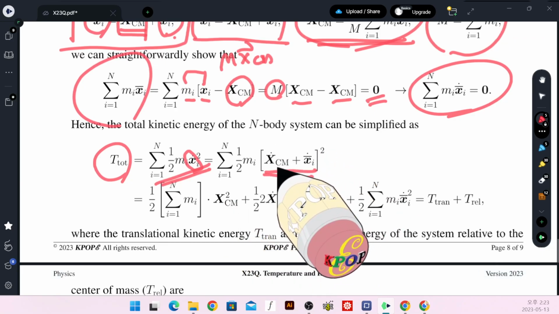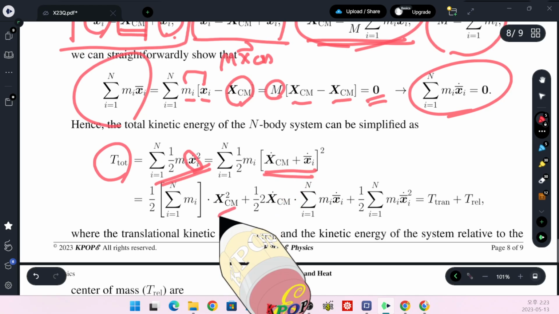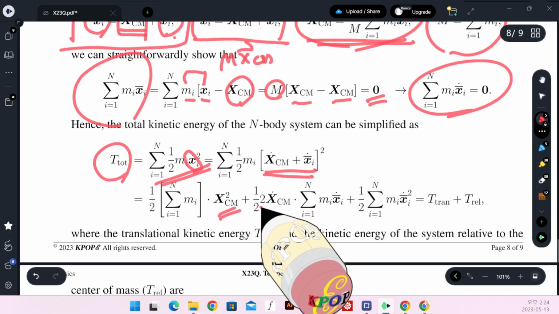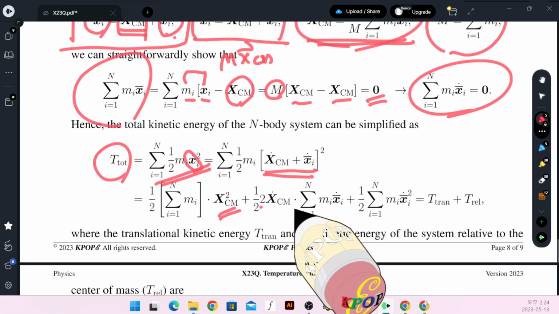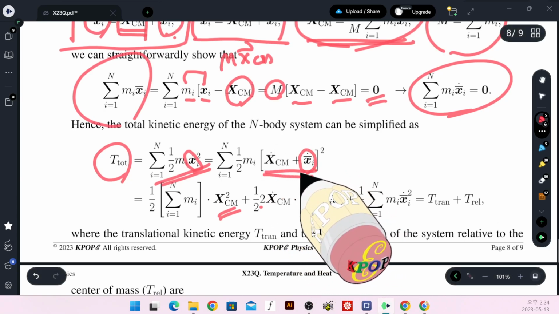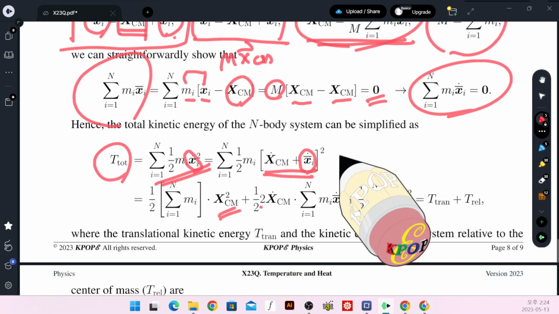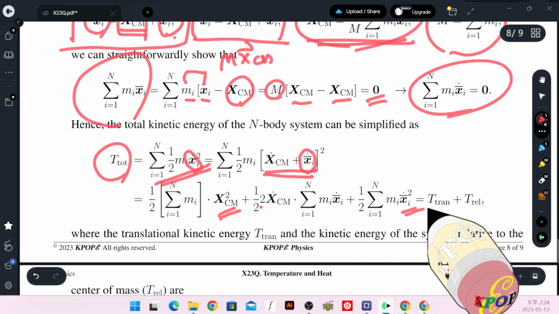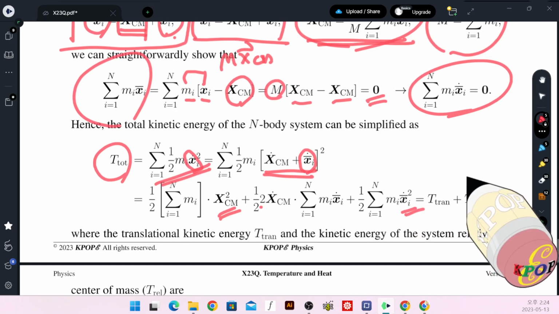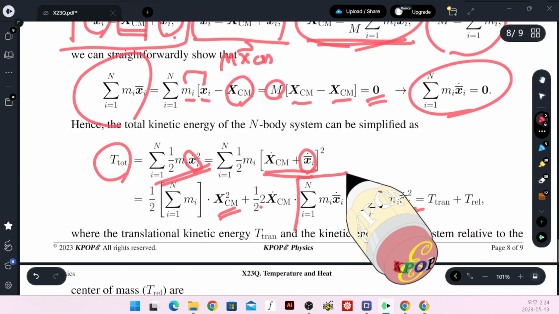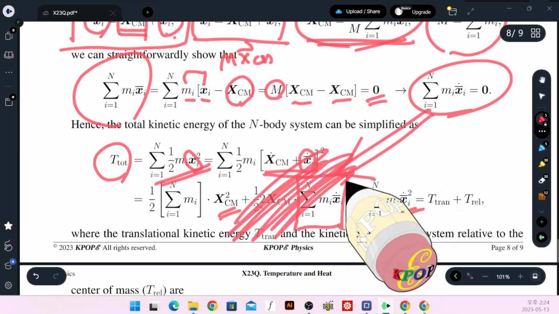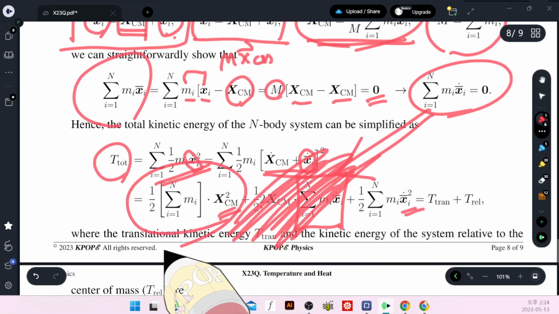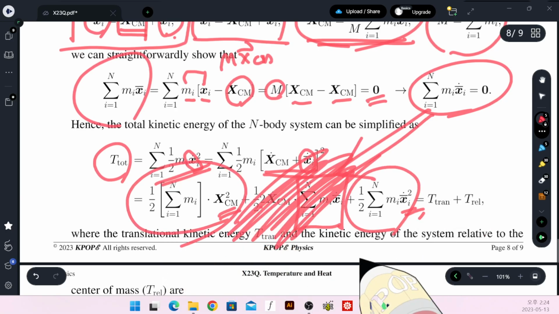So we have the center of mass velocity squared, and 2 times the center of mass velocity, scalar product with the xi bar, plus the velocity relative to the center of mass of every particle squared. We remember that this is exactly zero, so it goes away. So we are left with these two terms.